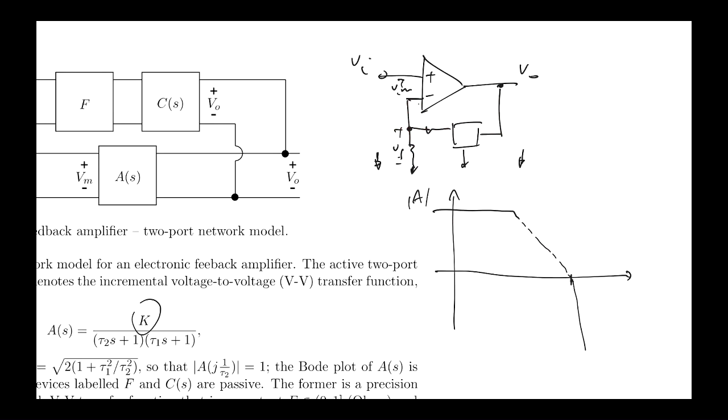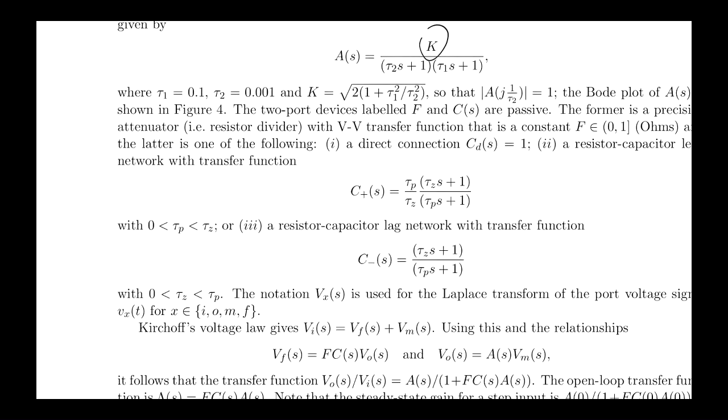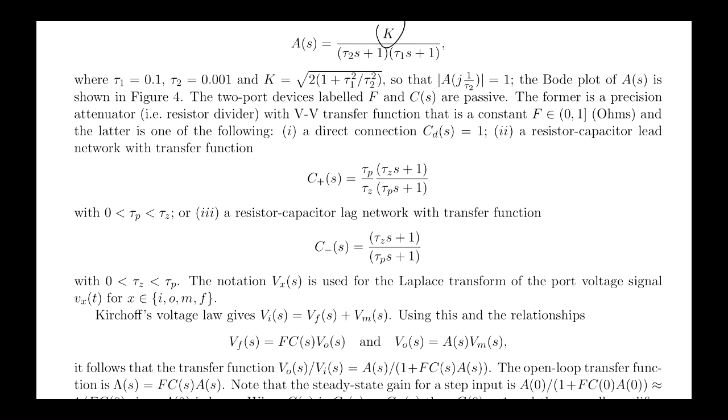And then it says, well, what happens if I put a resistor capacitor network in here that has a lag type characteristic, and what happens when I have something that has a lead type characteristic? All right, so that's what this stuff is about. Putting nothing in that box, putting a lead thing in that box, putting a lag thing in that box.